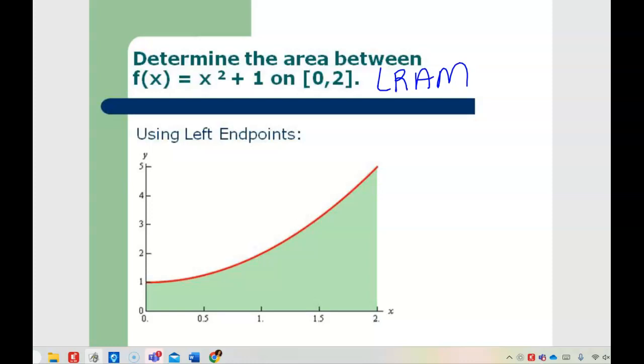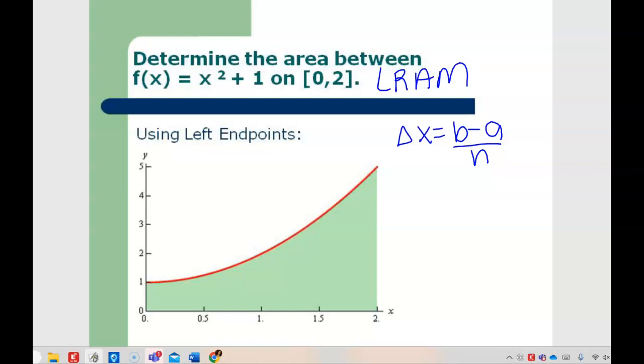The width of a rectangle is determined using a formula called delta x equals b minus a over n. That is the width of our subintervals.